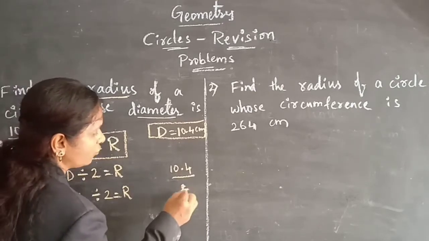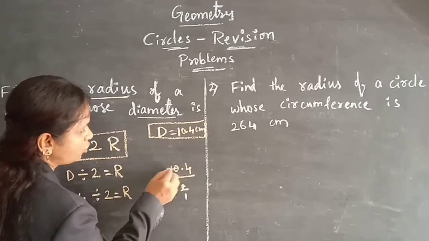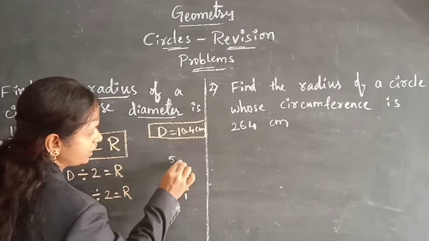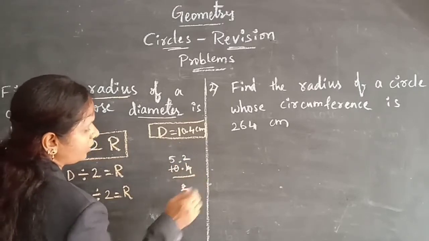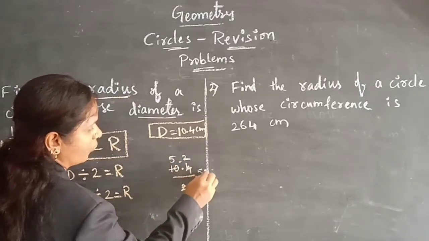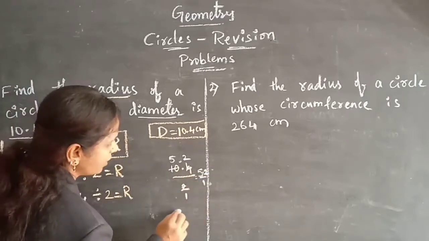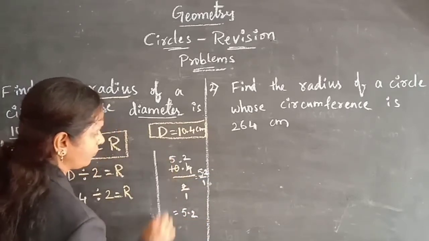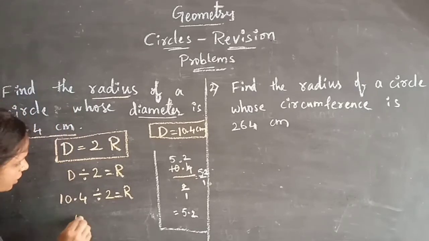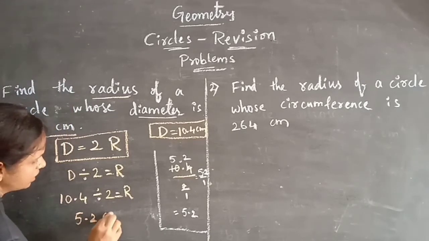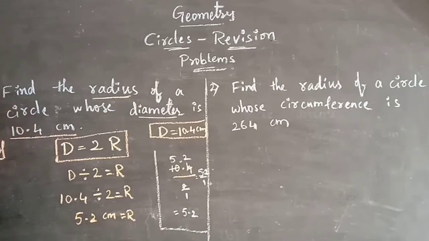Here 2 ones are 2, 2 fives are 10, decimal point as it is, 2 twos are 4. So 5.2 by 1, nothing but 5.2. So the radius value we got is 5.2 centimeters when the diameter value is 10.4 centimeters.